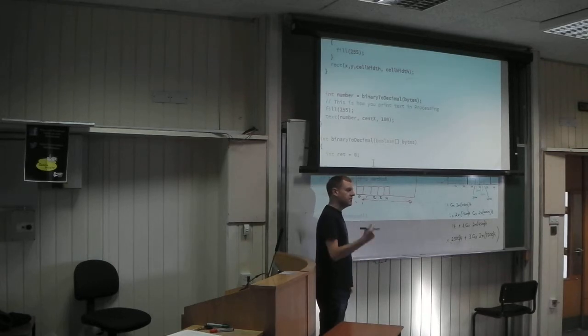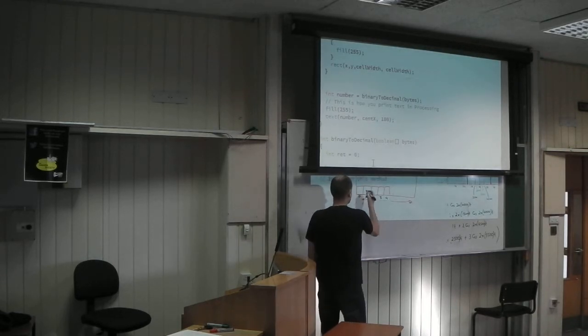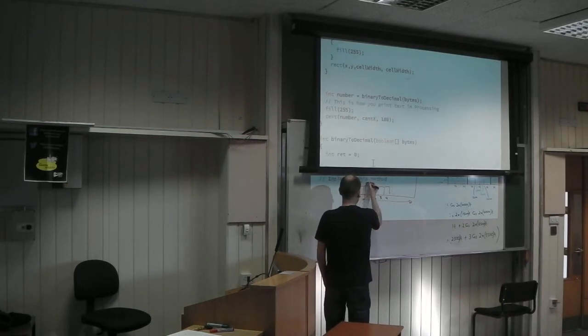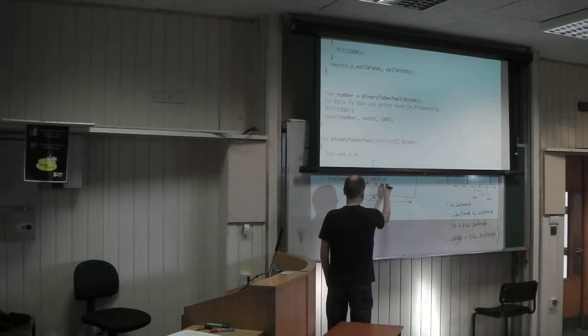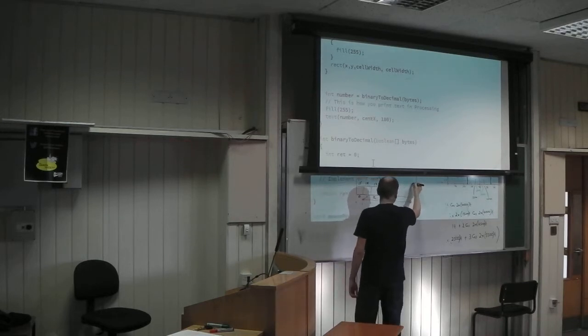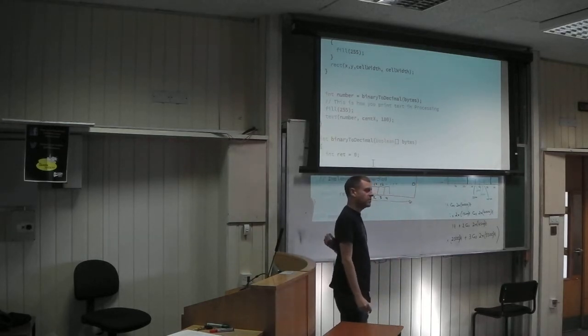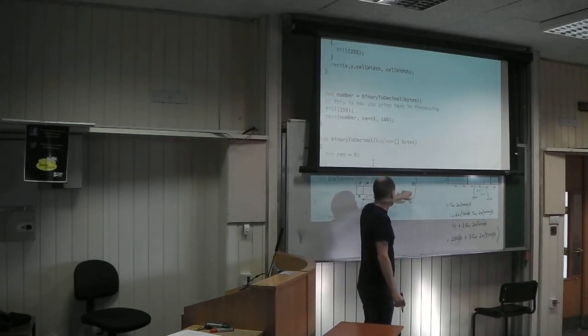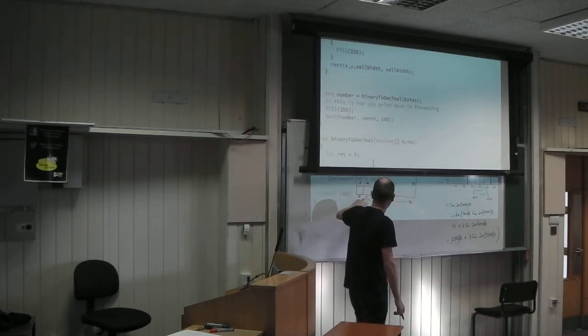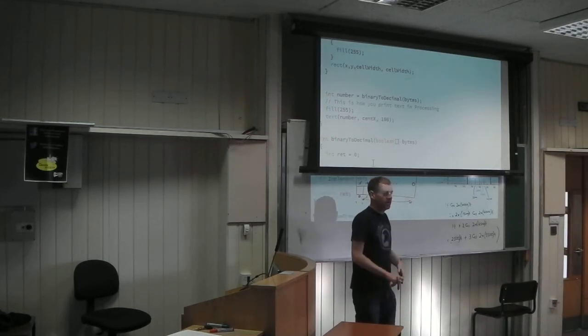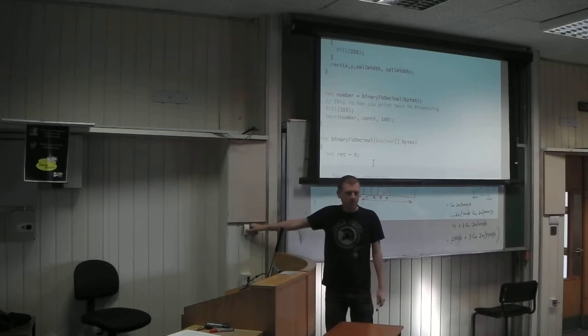But the power of 2 value that I need is going to be the opposite of that. So this is going to be bit number 15, this is bit 14, bit 13, bit 12, and so on down as far as bit number 0. And so they're the powers of 2 that I need to use. So 2 to the power of 0, 2 to the power of 1. So I need some way to take these numbers and get these numbers out of it. There's loads of ways to do that, but this is the way I did it.